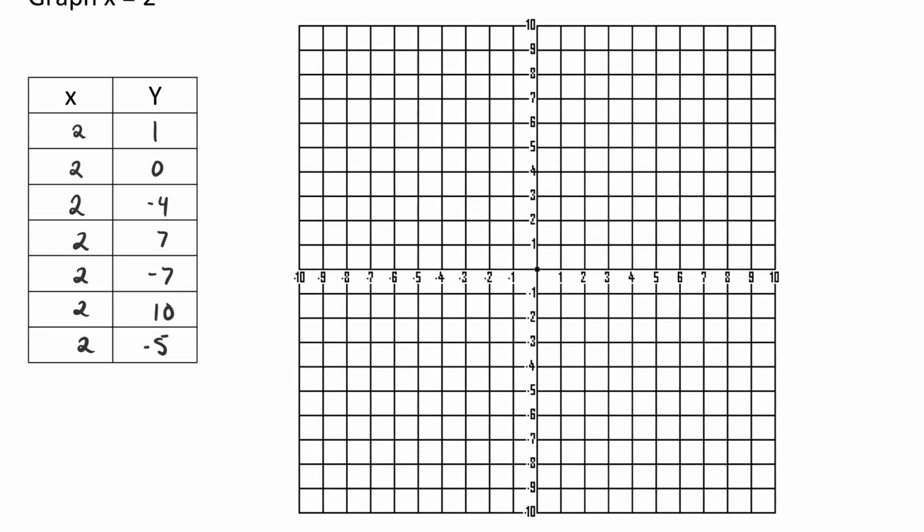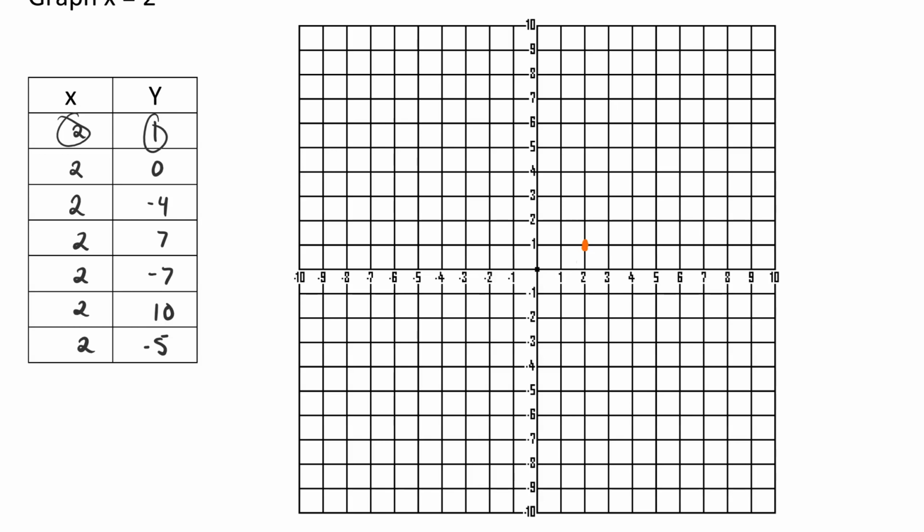If x is always going to be 2, we know that we're going to first look at our x and then look at our y. So we start off at our origin and we move over 2, and then we move up to 1. So that's where our first point is going to be. The next one is 2 and y is 0.